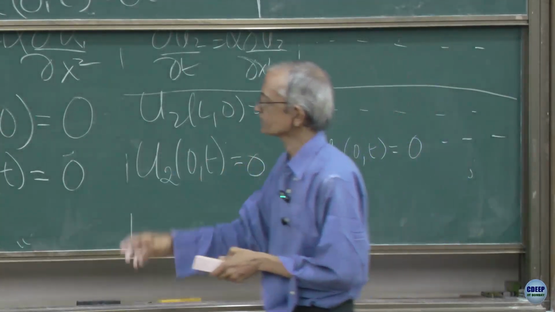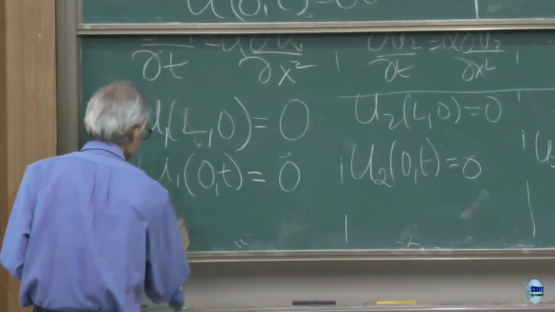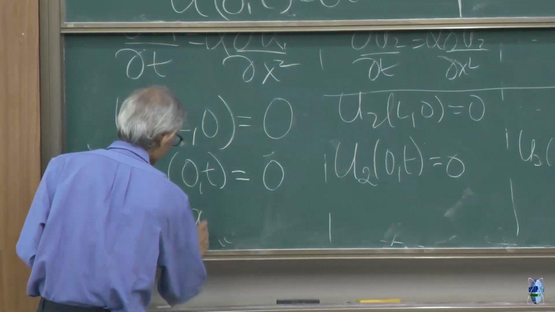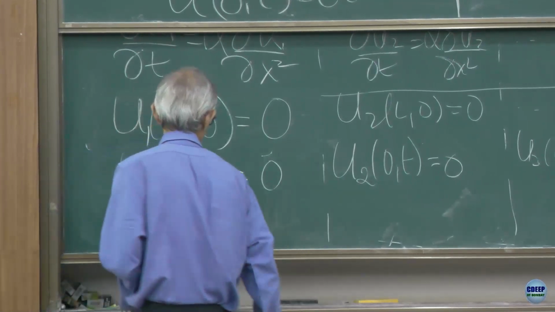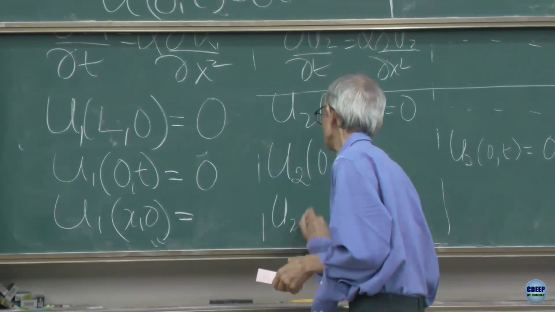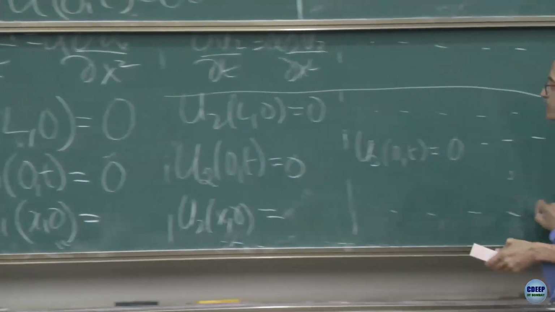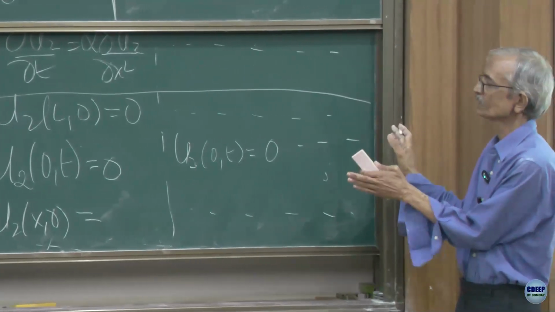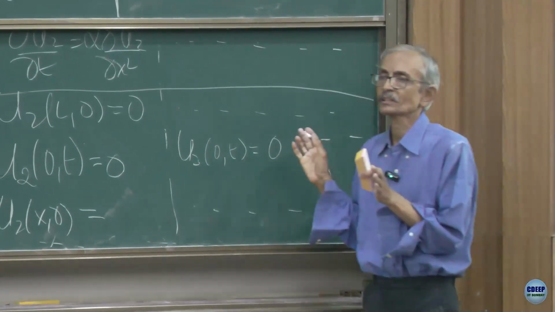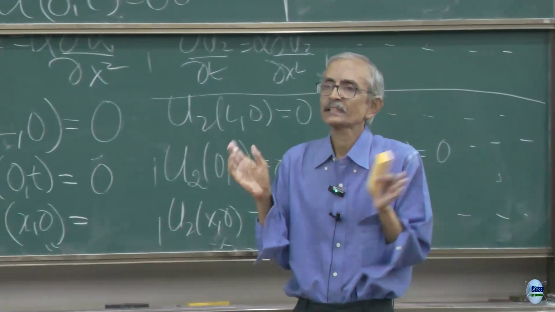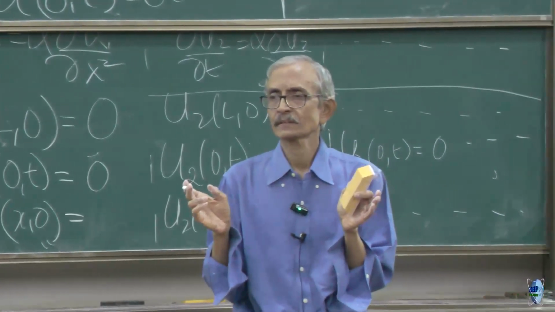Remember, to be consistent, I need u1 at all x and time t equal to 0. What would I do here? Dot, dot, dot. If I have this, I am in good condition. I can go ahead and get my solution.